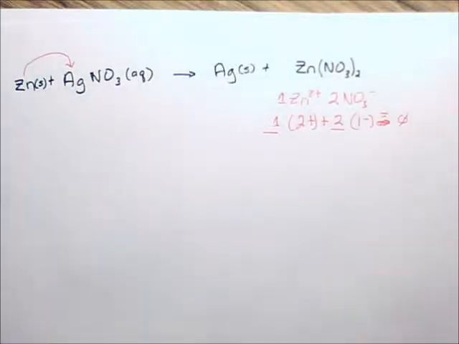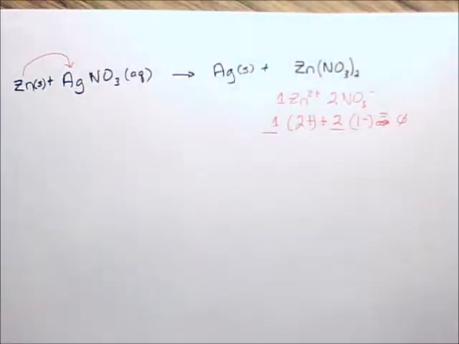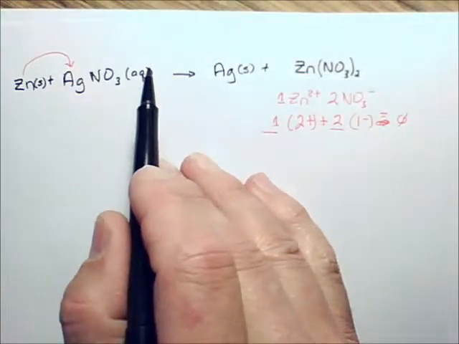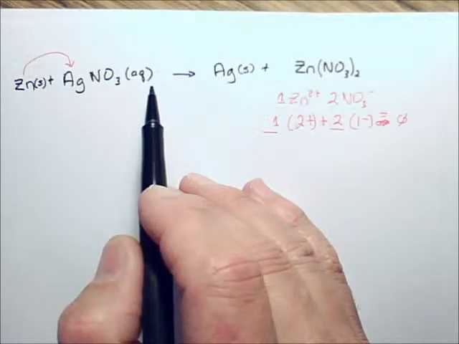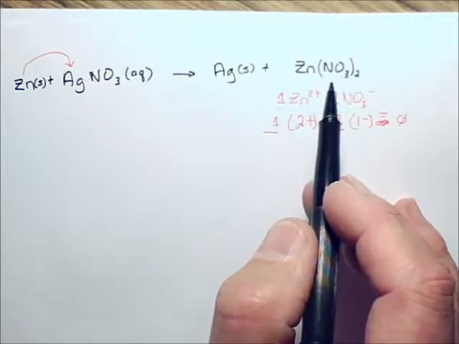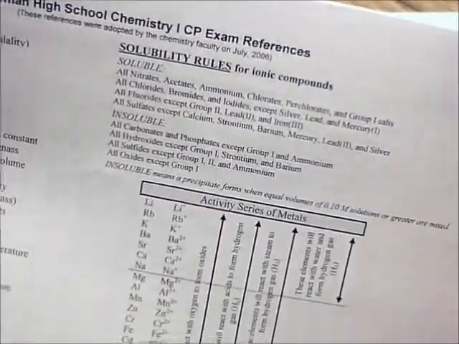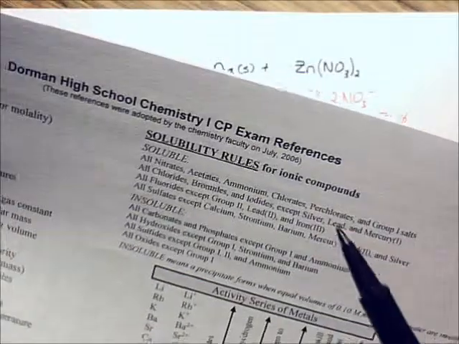Now we need to know if this compound is going to be solid or aqueous. We'll get to the solubility rules a little more later. We know this is taking place in water because at least one of the species is aqueous. That means there's water to dissolve it in. So we look at the solubility rules, which are right above your activity series, and we look for either zinc or nitrate.